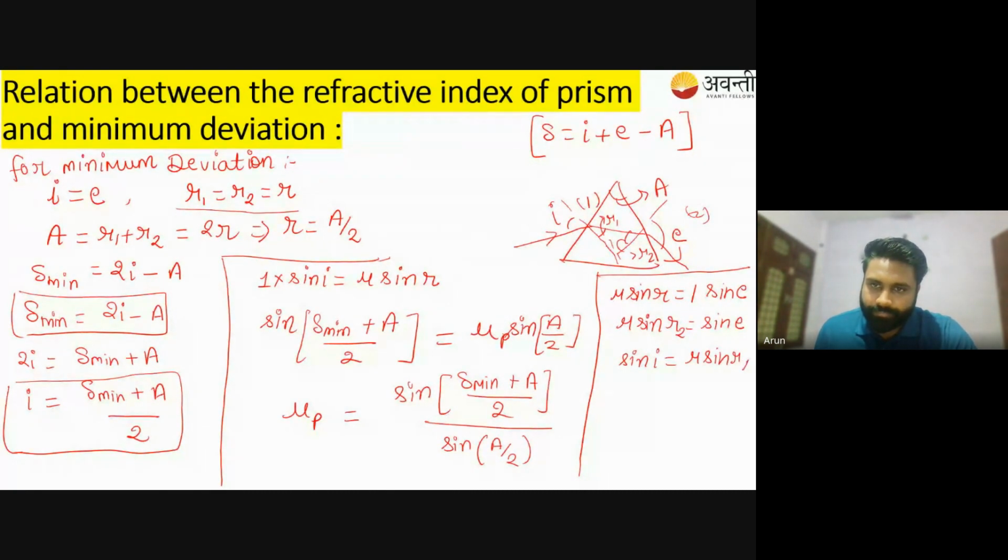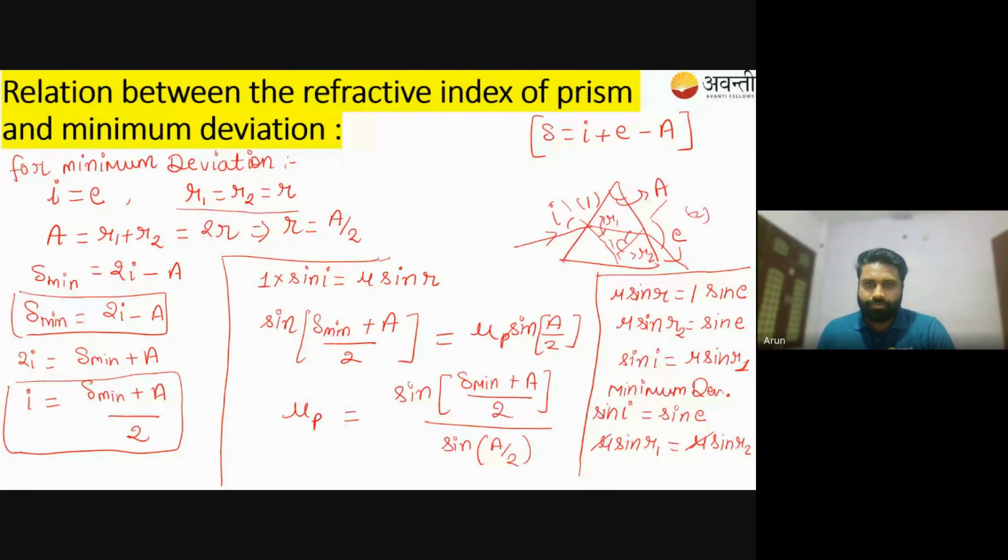But for minimum deviation, I is equal to E, which means sin I is equal to sin E. So from here you can say that mu sin R1 equals mu sin R2, and mu gets cancelled out, so you will see that R1 is equal to R2.